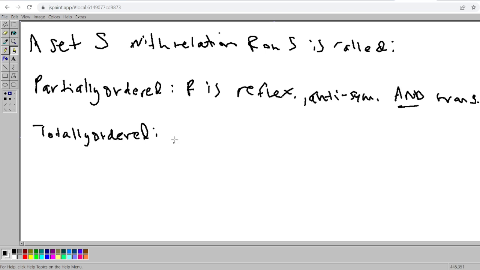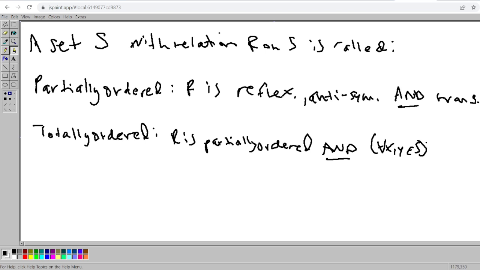And totally ordered is if R is partially ordered and for all x, y in S, x relates to y or y relates to x. It's called the comparability condition, apparently.